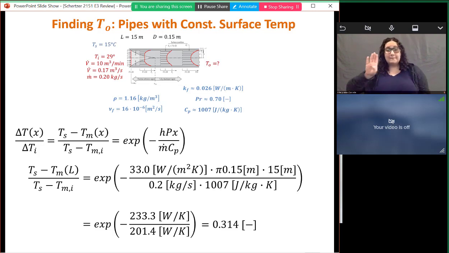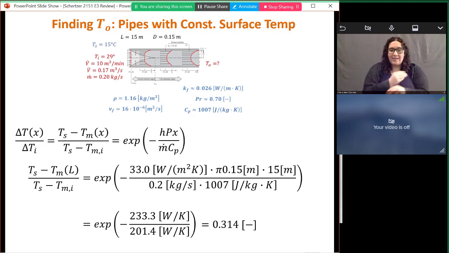If you just couldn't find h in the previous part, you write down the symbolic solution and make a note saying, I don't know what h is, because I'm either not confident in my previous answer or maybe I didn't get a previous answer for part A. So I'm just going to assume that h is whatever, 100 or 50 or 1500. You just put a number in, and then you're still demonstrating that you knew how to do this second part of the problem, right?